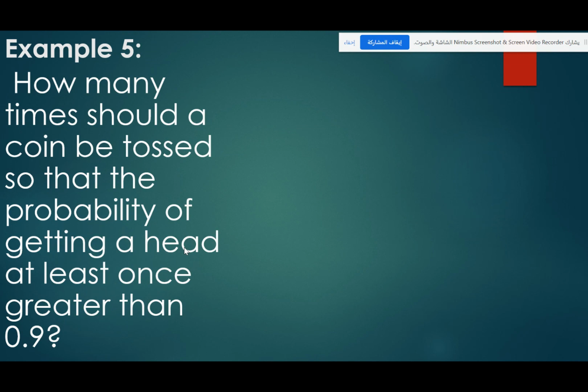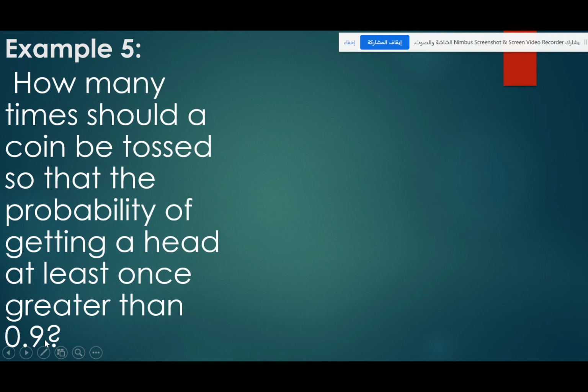They are equal. And when he said probability of getting a head at least once, we have a rule for that, which is 1 minus q to the power of n. When he said greater than, we're going to make it bigger than 0.9.